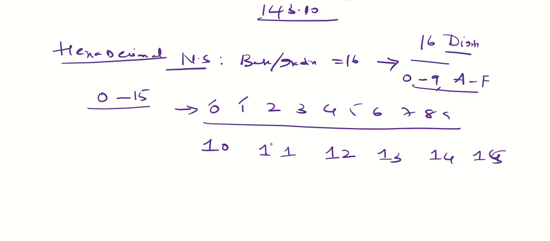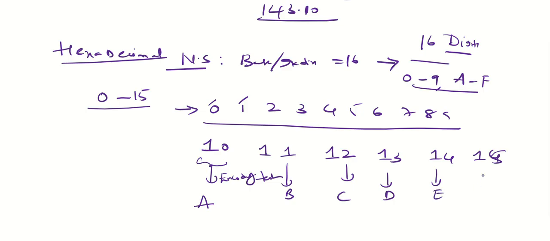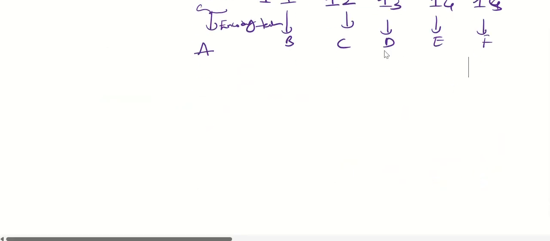Then how to differentiate a 10 value or an 11 value? In order to overcome this problem, we use an encoding technique to represent the 10 value as A, 11 as B, 12 as C, 13 as D, 14 as E, 15 as F. That's why in the hexadecimal system we have the numbers 0 to 9 and A to F.